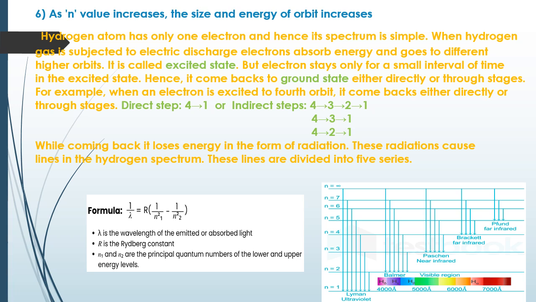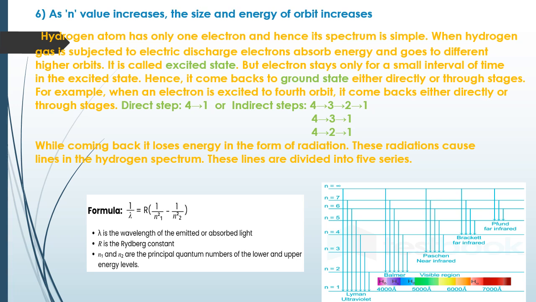At that point, the electron gains energy and goes to higher energy orbits. That is called an excited state. It cannot stay in that situation for a long time. Again, it comes back to the ground state, either directly or indirectly.